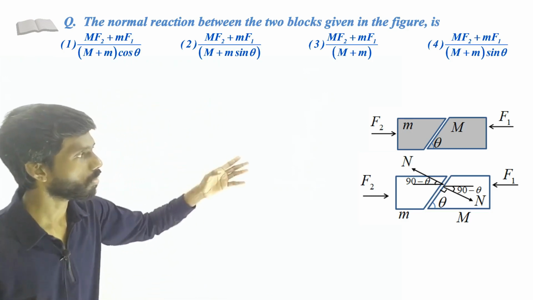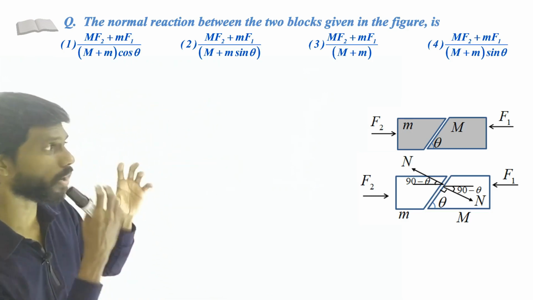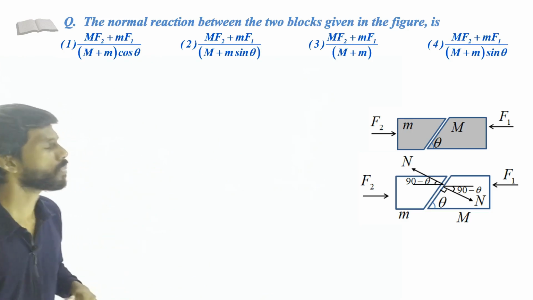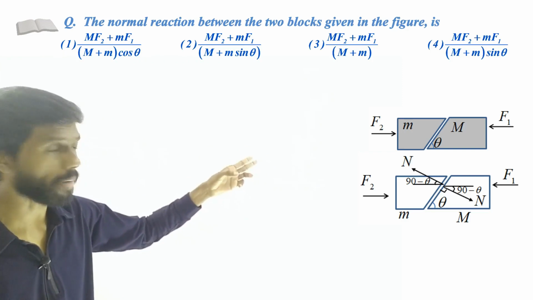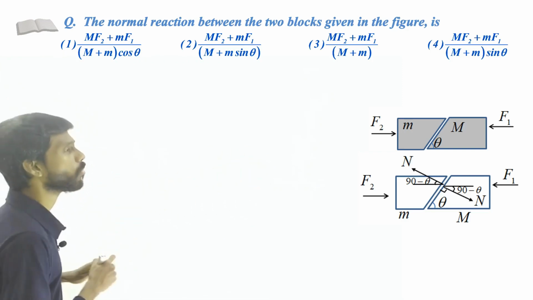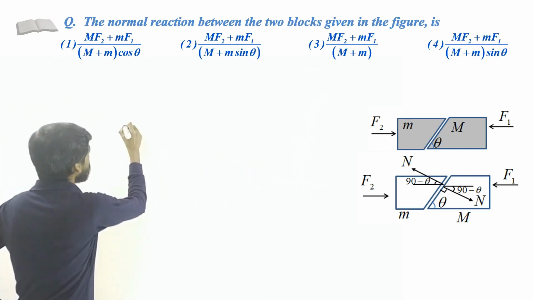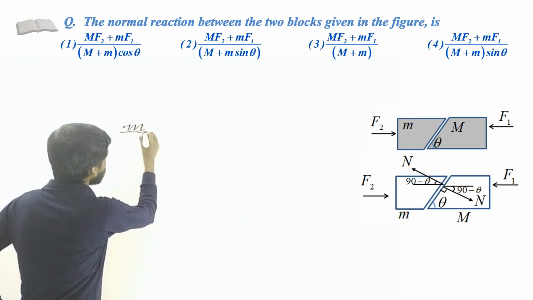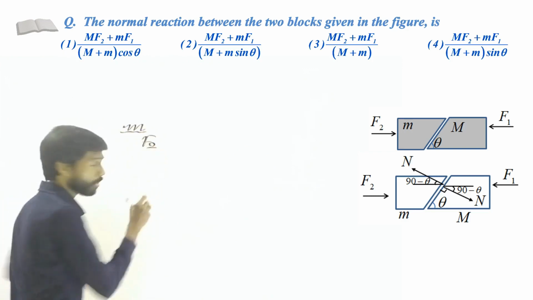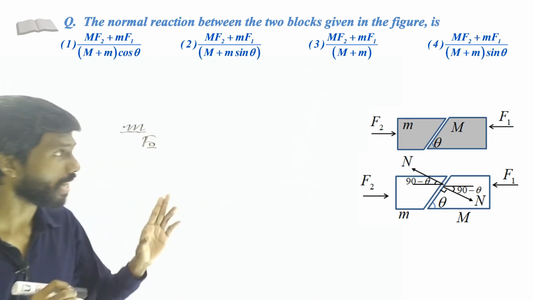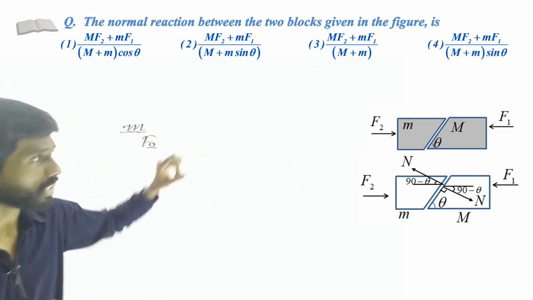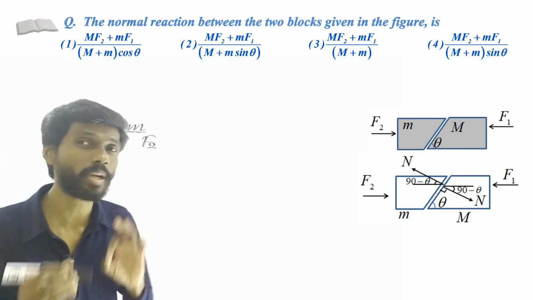Now, what is the total force acting on the block capital M? Let us first write the equation for the small m block. What are the forces acting on the block? That is F2 in the forward direction, and the component of the normal force in the horizontal direction. That makes an angle 90 minus theta. What is its component?